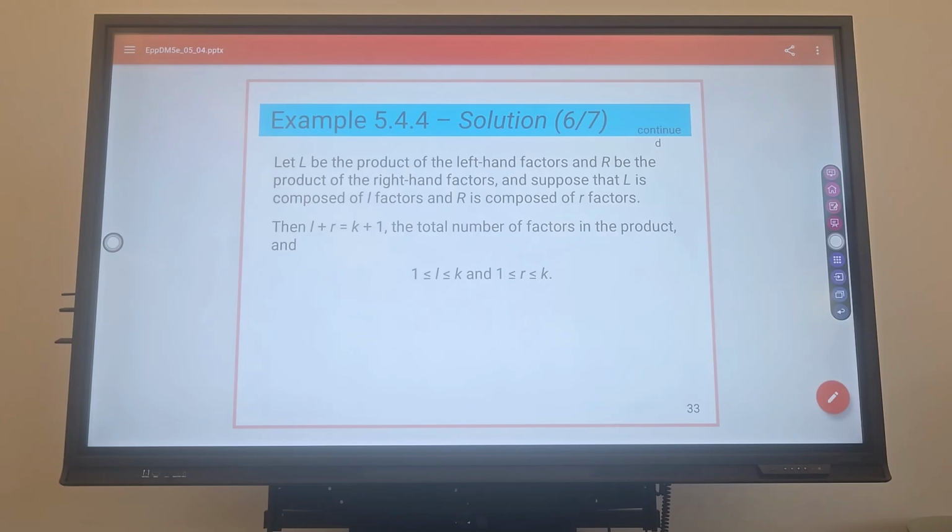Let L be the product of the left-hand factors and R be the product of the right-hand factors. And suppose that L is composed of little l factors, and R is composed of little r factors. Then little l plus little r equals k plus 1, the total number of factors in the product.